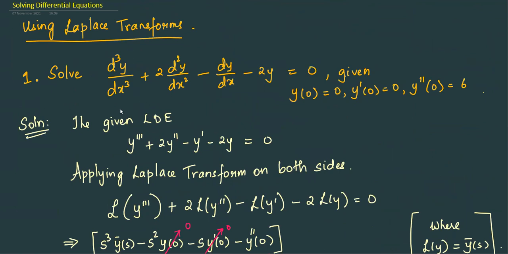If you remember the linear differential equation solutions, what we did, we first need to find the auxiliary equation and find the roots of the auxiliary equation. From that, you find the complementary solution, complementary function. And of course, right hand side is 0.